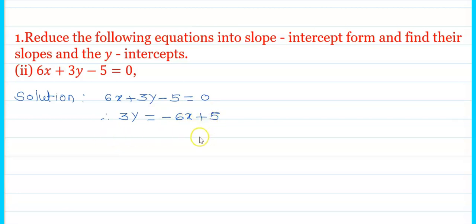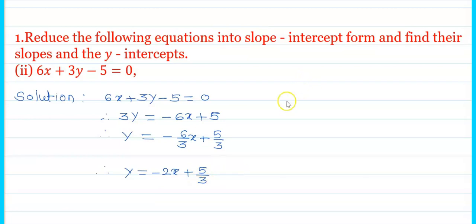Divide both sides by 3, and here you will get y = -6/3 x + 5/3, and therefore y = -2x + 5/3. This is in the slope-intercept form.